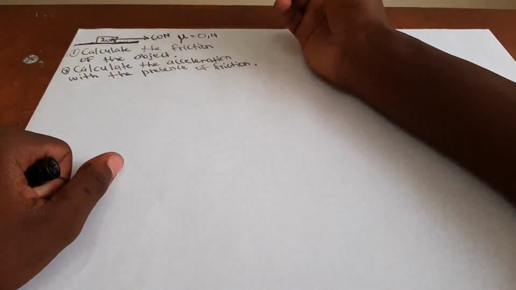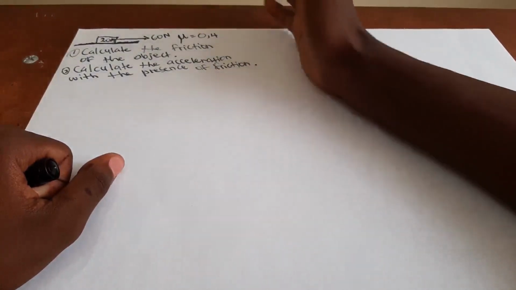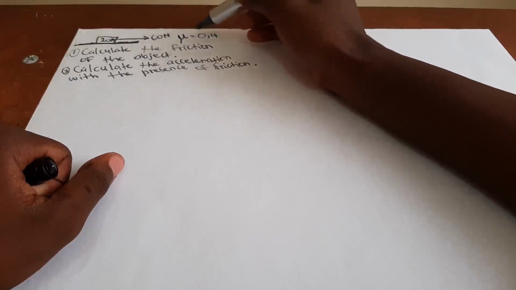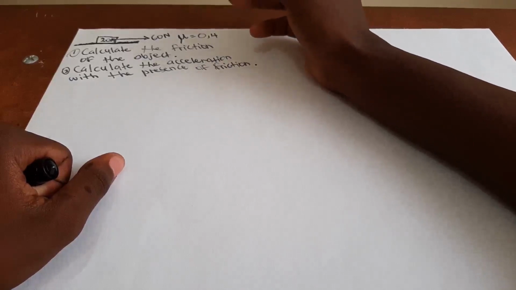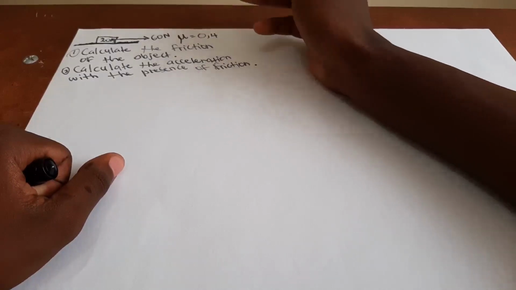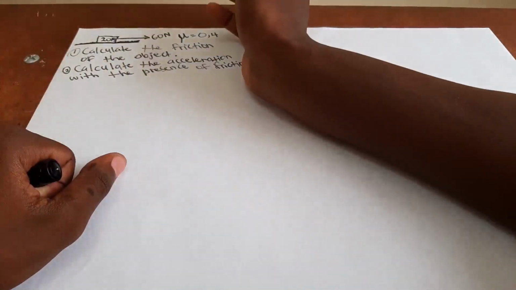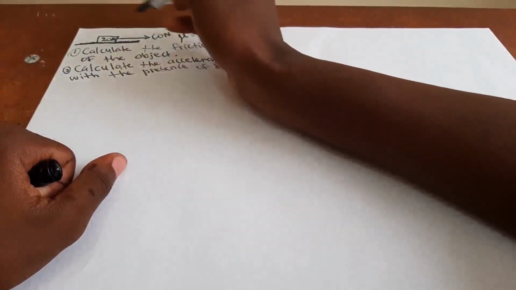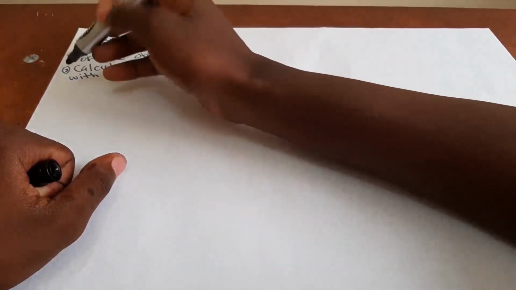So let's calculate the friction of the object. We are given mu, the coefficient of the frictional force, 0.4, the roughness. This object is moving, so this is now kinetic frictional force.